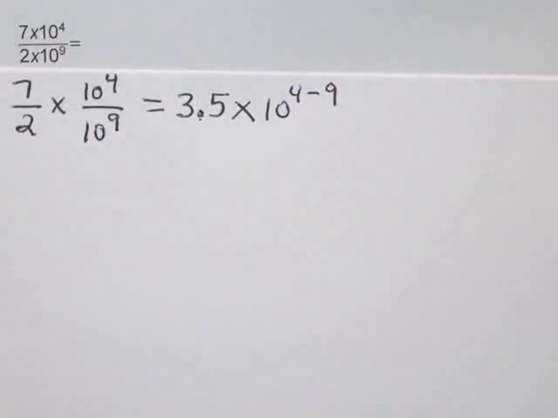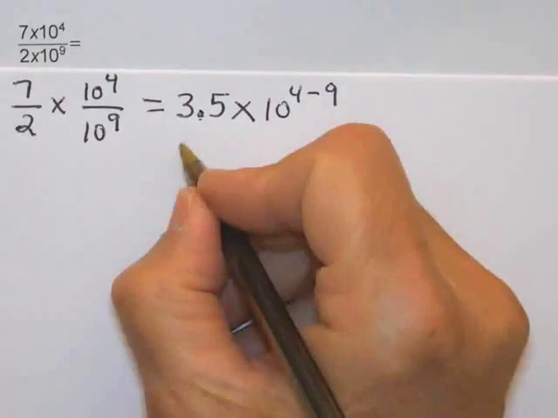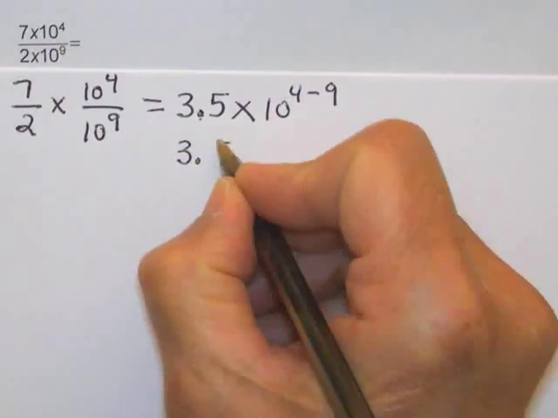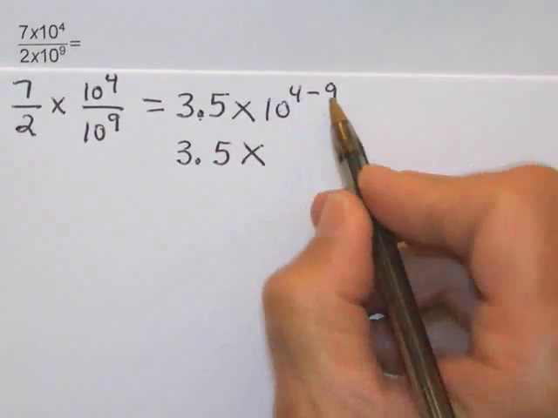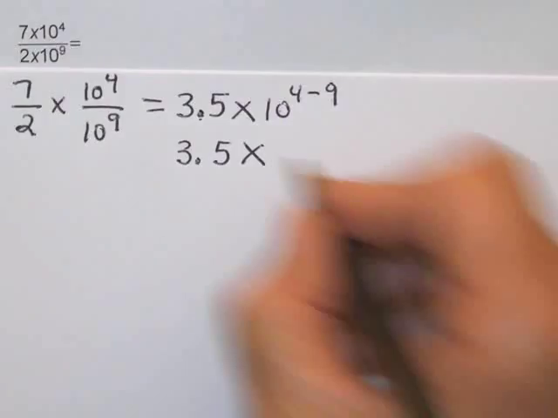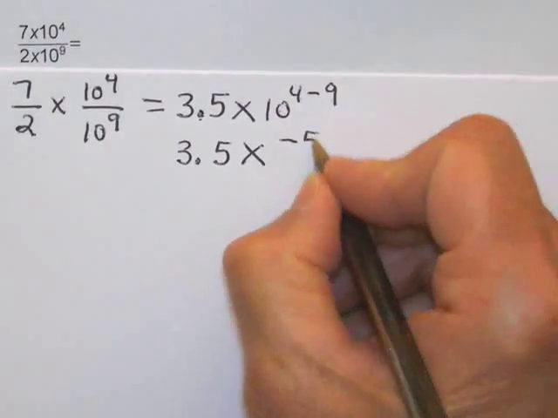And of course, I'm going to have to multiply that by 10 to the 4th power minus 9. Following the rules of exponents, when I divide exponents with the same base, I subtract the exponents. I'm going to write below this because I don't want to go off the screen. This would be the same as 3.5 multiplied by 10 to the 4 minus 9. Well, 4 minus 9, of course, would be negative 5.